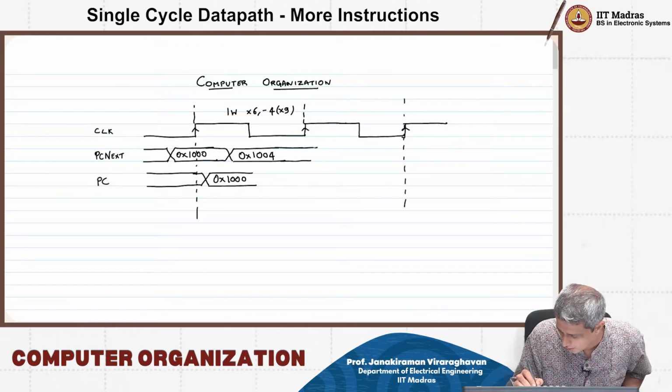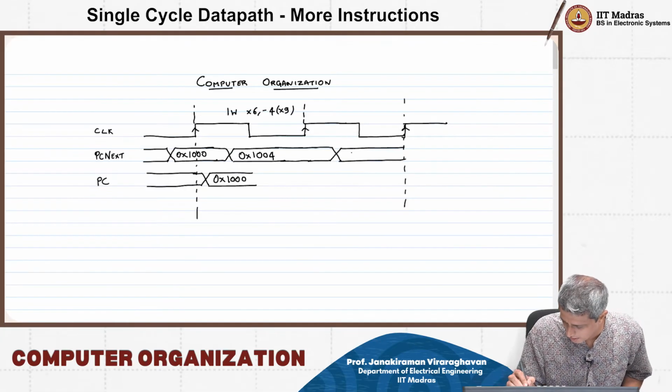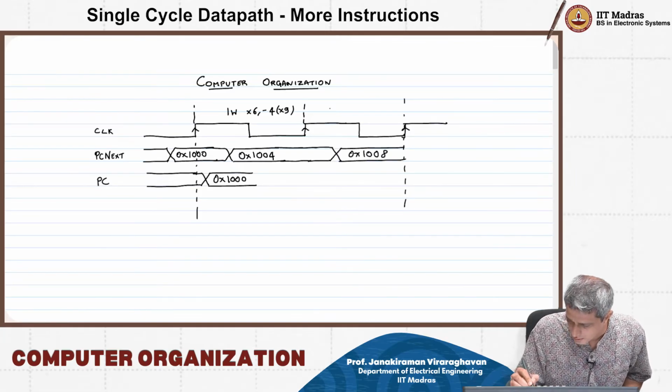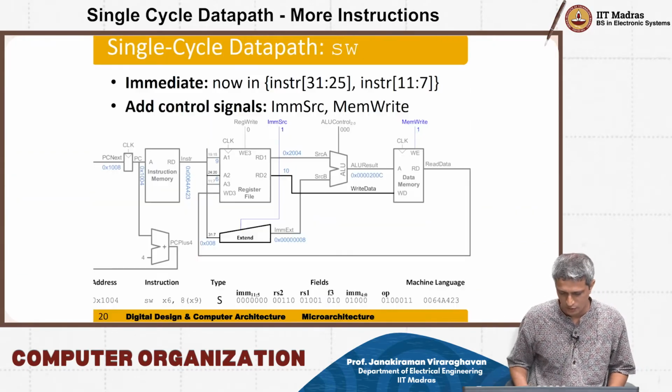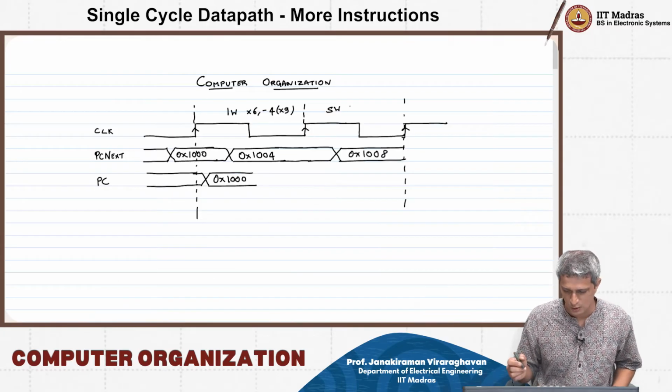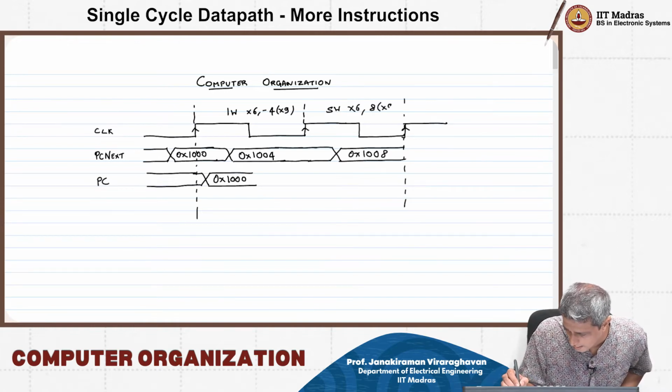Okay, so here what will happen? My PC next will just become 0x1008. This is my store word. And what is the instruction we are talking about? x6, 8 of x9.